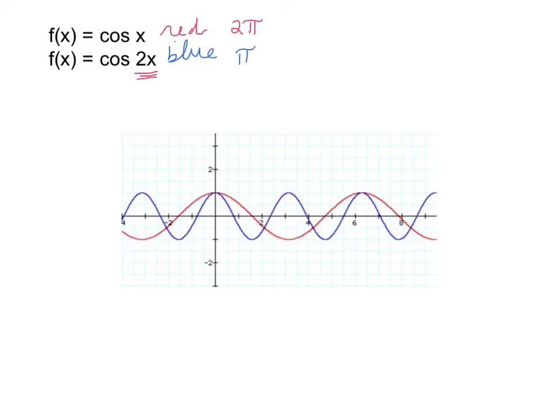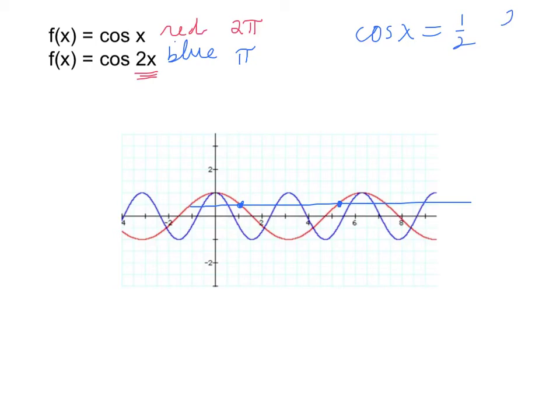So for instance, if I wanted to do cosine x is equal to 1/2, then if I mark this 1/2, it's going to cross the graph here and here in 2 pi.